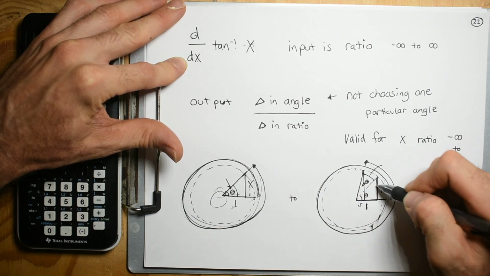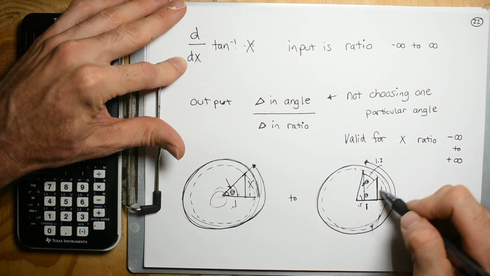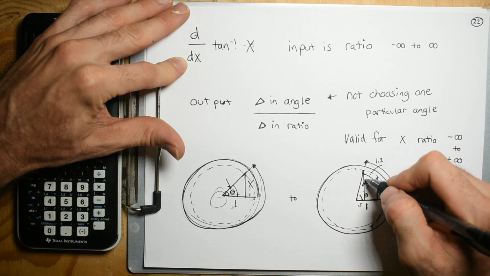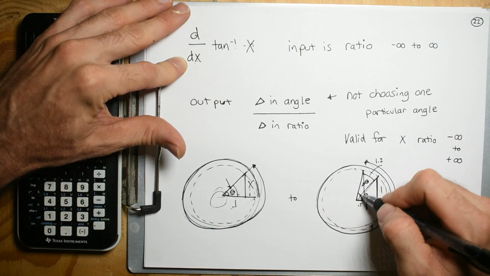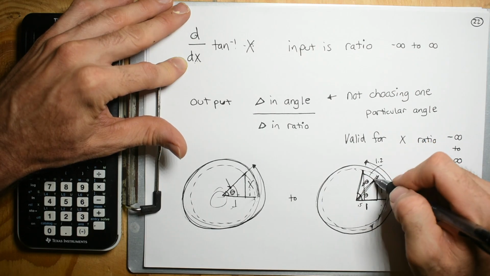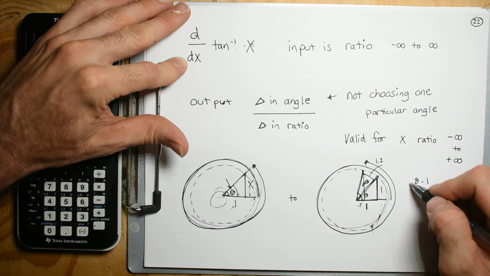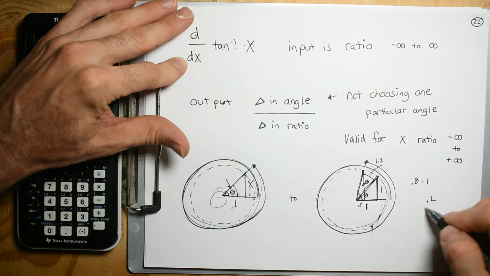This went from 1 to, let's say, 1.2. And the angle, let's say the angle went from 0.8 radians to 1 radian. So the change in angle was 0.2 radians.